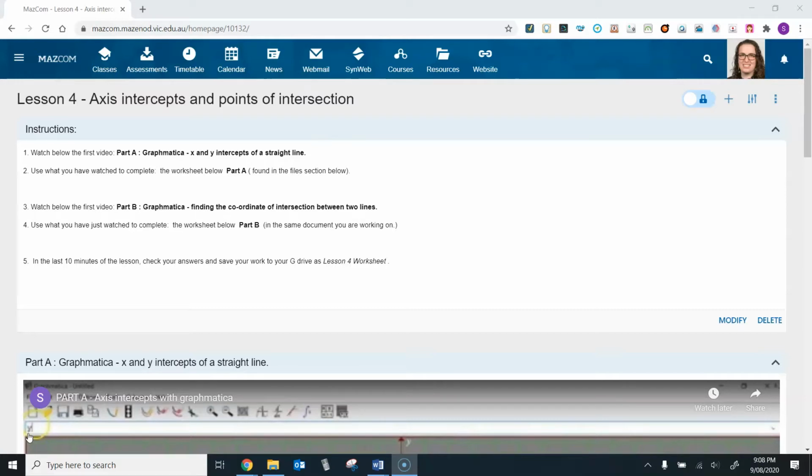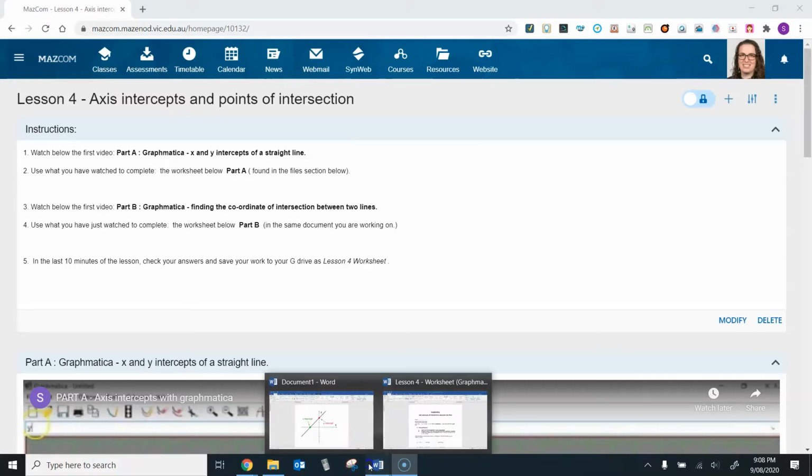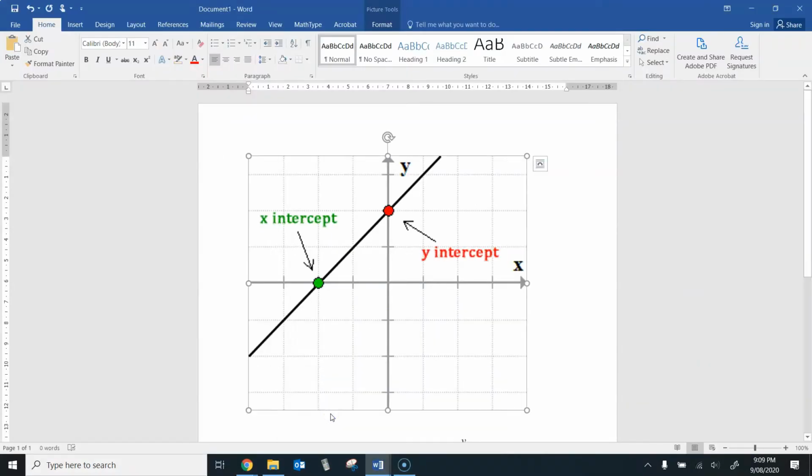So what that means is where one straight line cuts the axis, the x-axis or the y-axis. So what do I mean by that? If we have a look at this straight line, it has an x-intercept and it has a y-intercept. Now, not all straight lines have both of these. You may be able to think of some, the vertical line or the horizontal line.